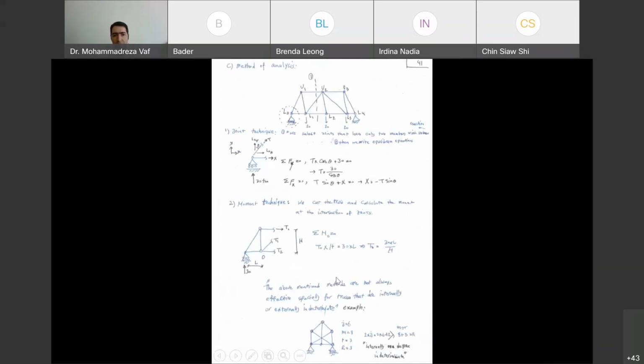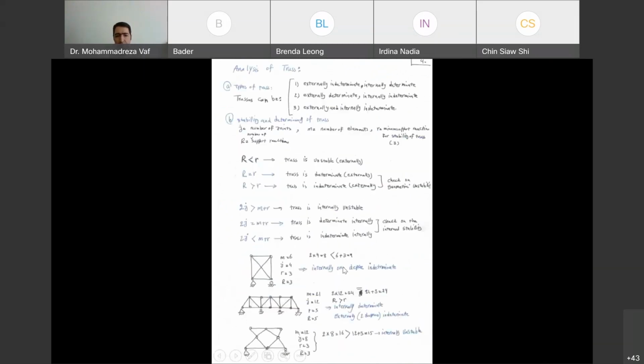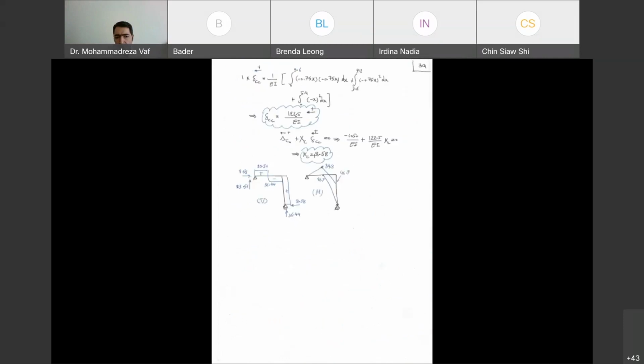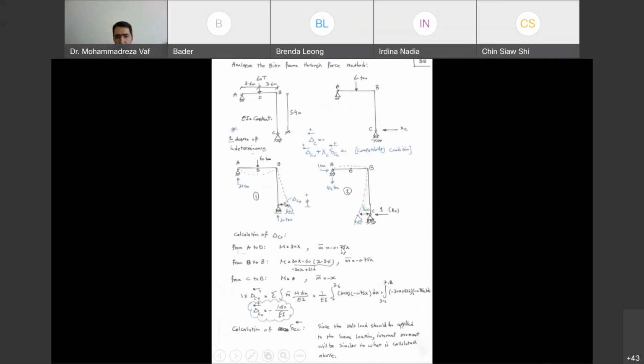Okay, so you're referring to this page, right? That we have instability inside our structure. Can you repeat your question so that I can understand it well? I don't understand why, when one member is removed in an internal indeterminate structure, it will collapse.